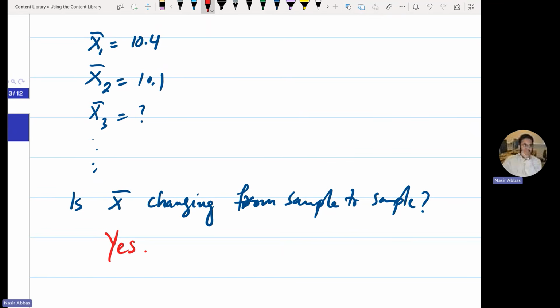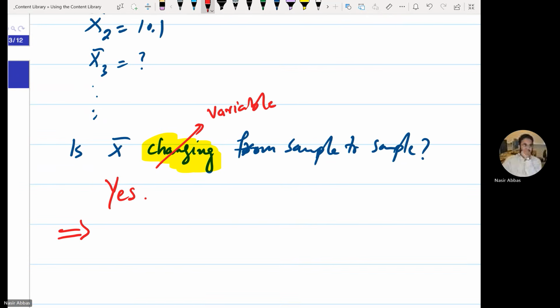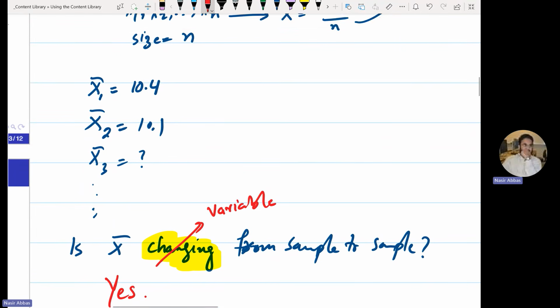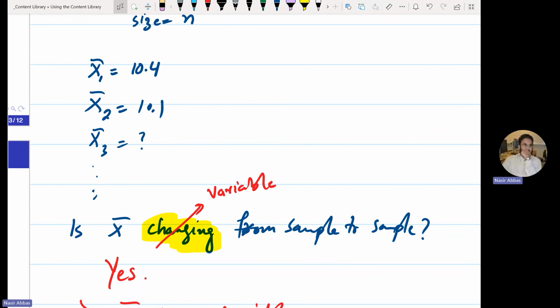Something that changes, what is it called? Variable. Something that changes is called a variable. This means X bar is a variable from sample to sample. Within a sample, it's fixed. For a single sample, it is fixed, but now I'm talking about sample to sample.